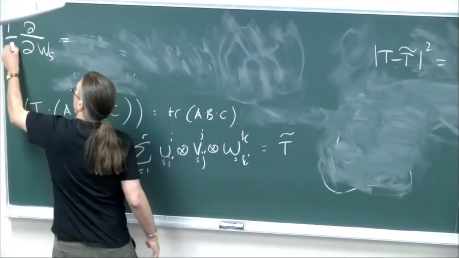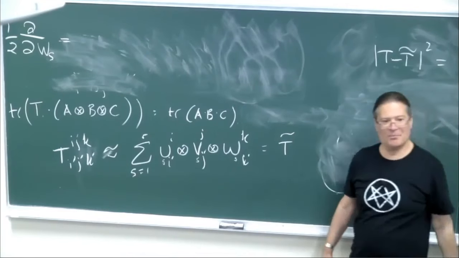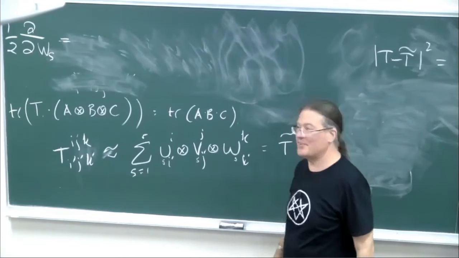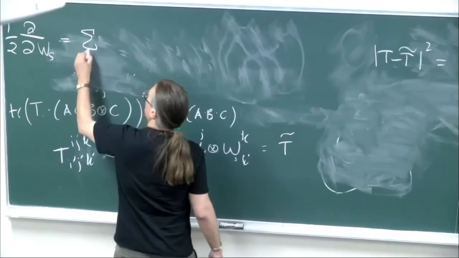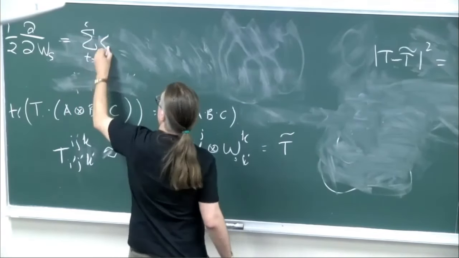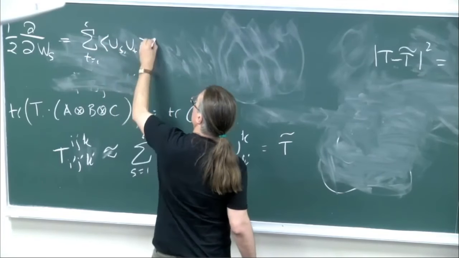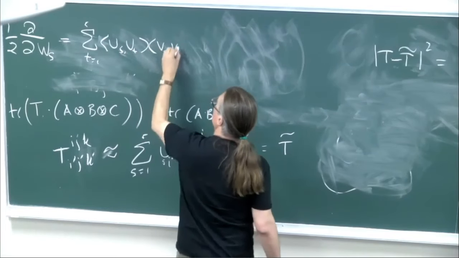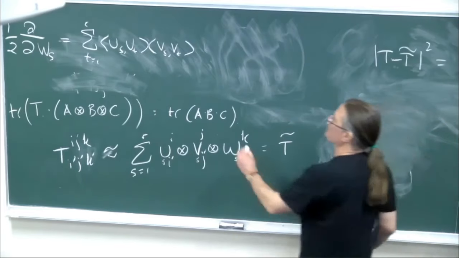I'm going to put a 1/2 out here because that will cancel this 2, and also WS appears here twice, once because of when S is S and the other when T is S. And so I will get the sum over T of these inner products, but the derivative of this with respect to WS is just WT, because it's an inner product of the two.